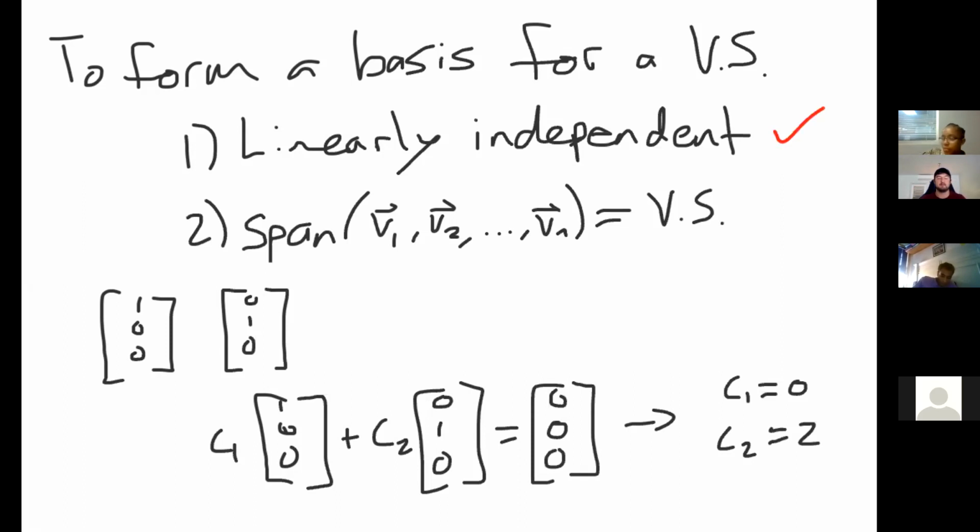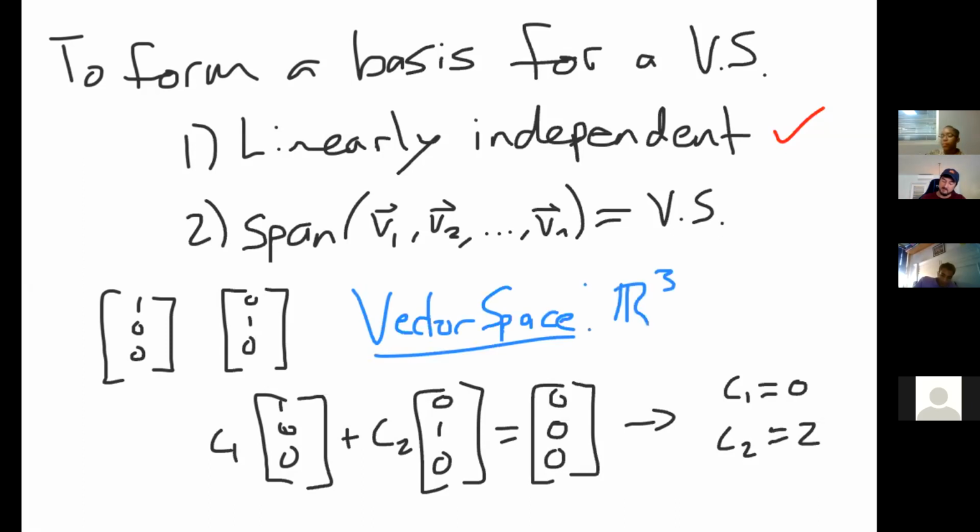However, what about that last one? In this case, the vector space that we're working in is R3, which means it's any vector with 3 numbers in it, right? x, y, and z can represent any real numbers.